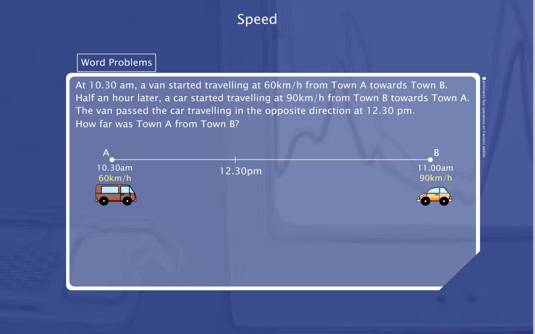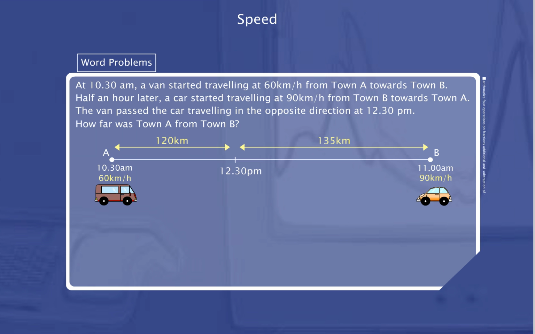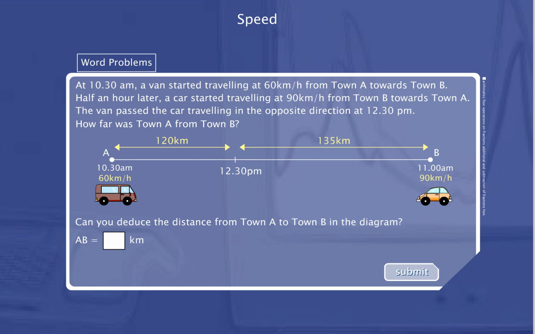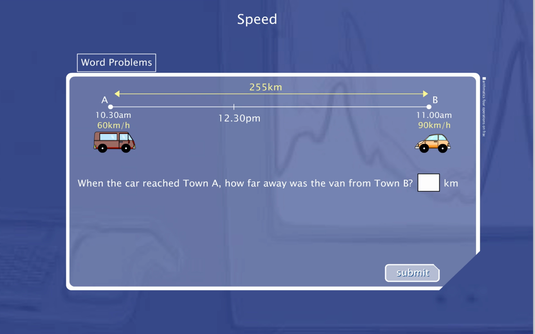We can use a diagram to help us visualize the problem. Can you find the distance the van had traveled when it was 12:30 p.m.? Can you find the distance the car had traveled? Can you deduce the distance from town A to town B? When the car reached town A, how far away was the van from town B?